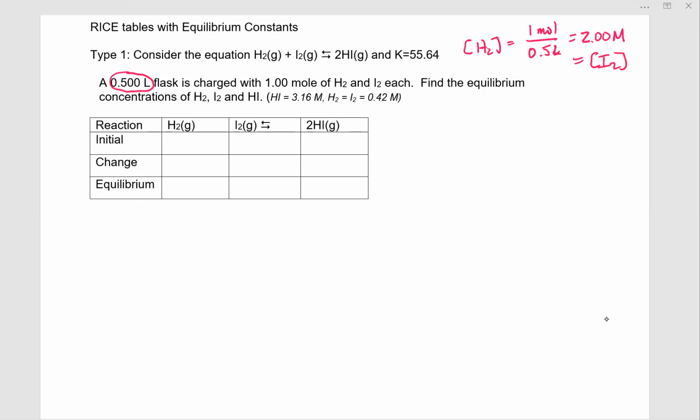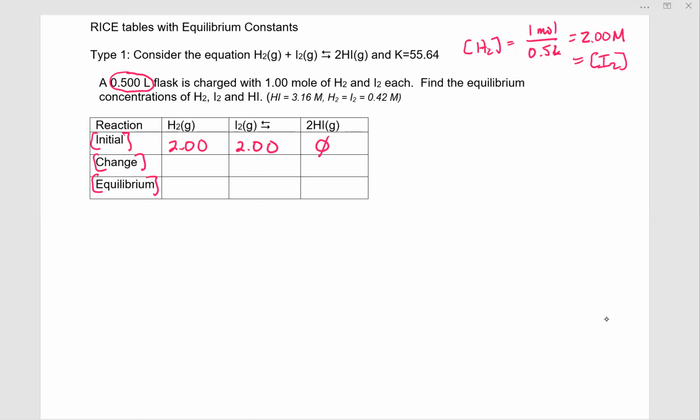So let's go ahead and get those in, because remember on these we always need to use either concentration or partial pressure. So I'm going to put brackets around there to remind you that we're dealing with concentrations.